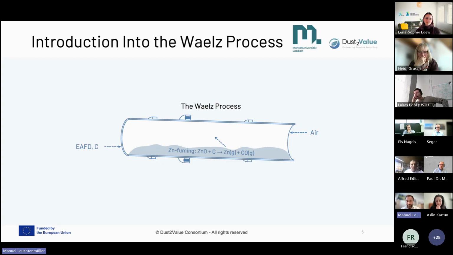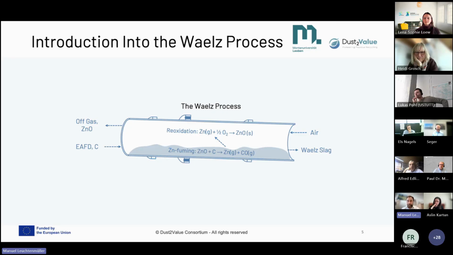And the main reaction, most important reaction there is defuming, the reduction, volatilization of zinc oxide to gaseous zinc. This gaseous zinc, this zinc metal vapor, oxidizes in the atmosphere again, back then to zinc oxide, to very fine dispersed particles, and the zinc oxide is then recovered in baghouse filters. So in the end, very simplified speaking, it's a kind of a distillation process.